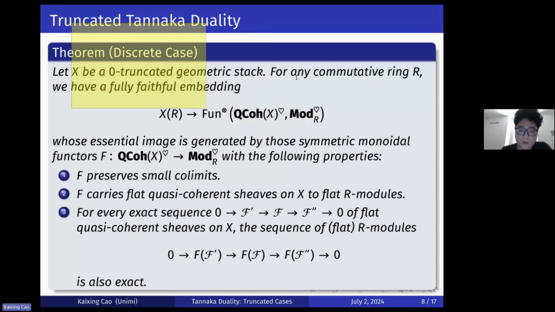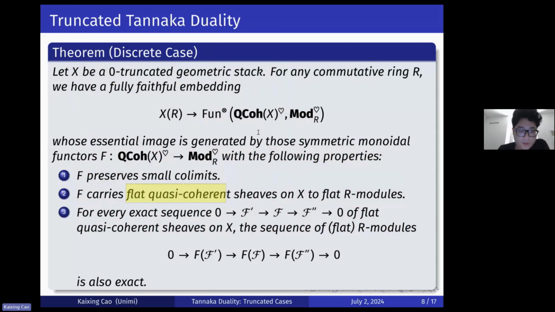I mean, we take Y to be an affine one given by a commutative ring. Its R-point is also fully faithful to these functor categories, and the essential image is also generated by some symmetric monoidal functors between the hearts with respect to the corresponding t-structure, but we also need F to preserve small colimits and preserve flat objects.